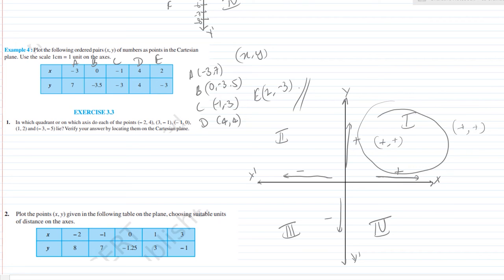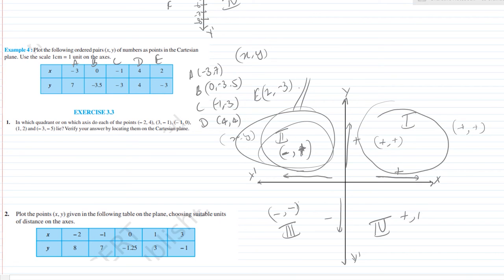And in the second quadrant, since we always take x comma y, this will be minus. Any point in the second quadrant is minus comma plus. Here both are minus, right? So minus comma minus. Here plus comma minus, right?